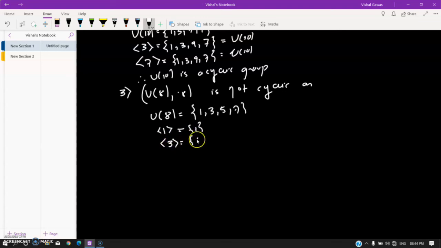What is 3? 3 generates {1, 3}, because the moment you take 3 squared, you get 9, which is 1. Then you take 5, and this gives {1, 5}. Every element has order 2, and you can check that. A group is cyclic only if you have an element whose order is equal to the order of G. So that's the idea.